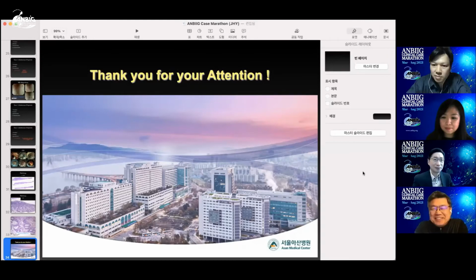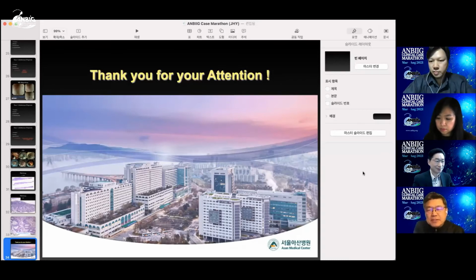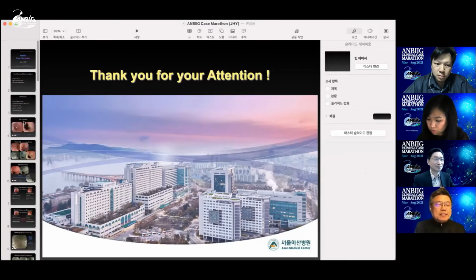I don't think so, because the two entities, squamous cell carcinoma and Barrett adenocarcinoma, are different in terms of etiology and pathogenesis. I will show the first case.